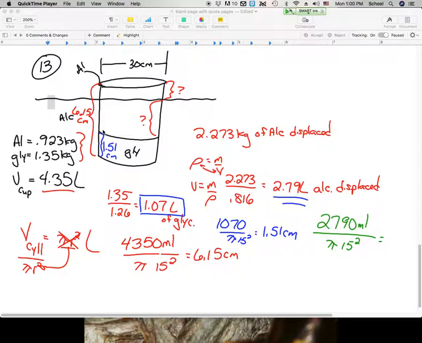And we get 3.95 centimeters, which tells me that this distance is 3.95.